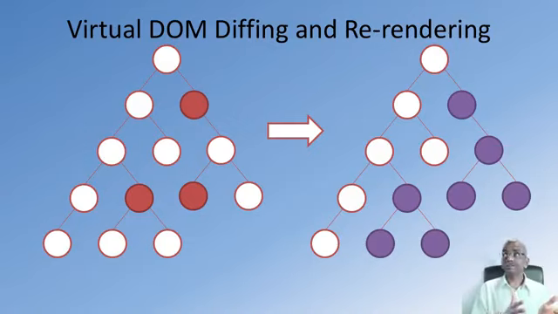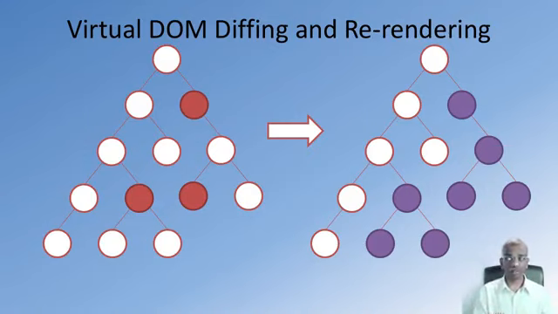The way React applications work is that they will do a difference between the previous version of the DOM and the current modified version of the DOM. So to notice which parts of the virtual DOM tree have changed, you know which of the components need to be re-rendered.